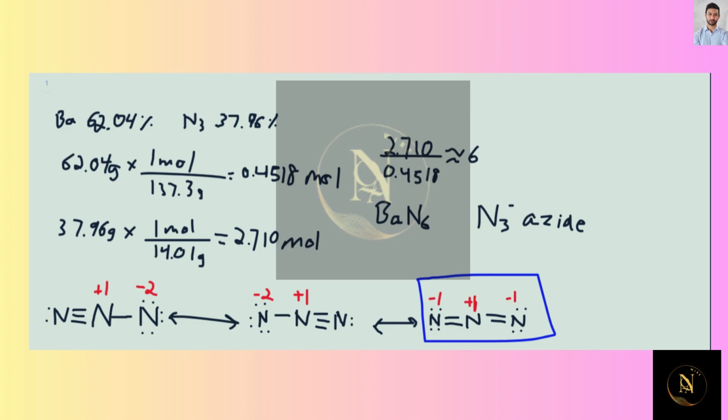So each of these should be 1.25. So this one is going to be 1.25 angstroms, and this one should also be about 1.25 angstroms. So that's theoretically what we should have for our two bonds.